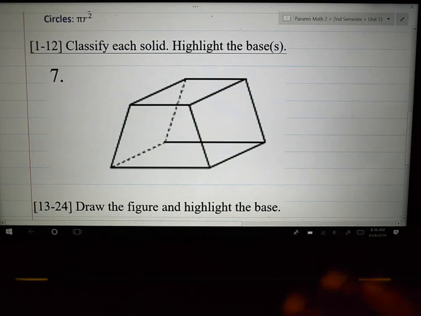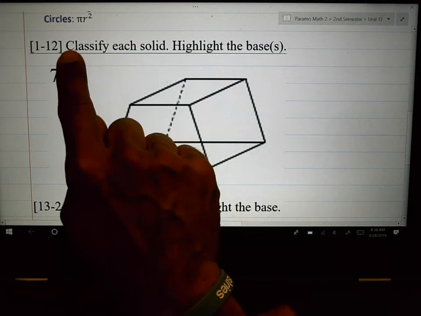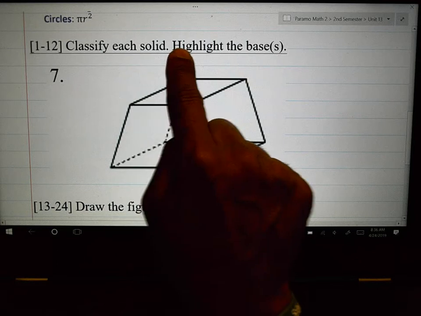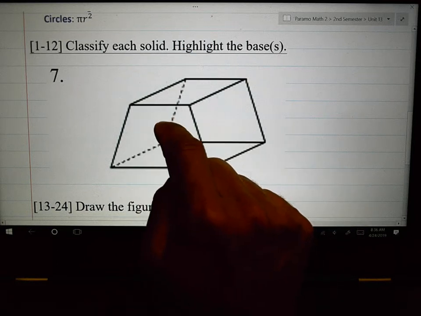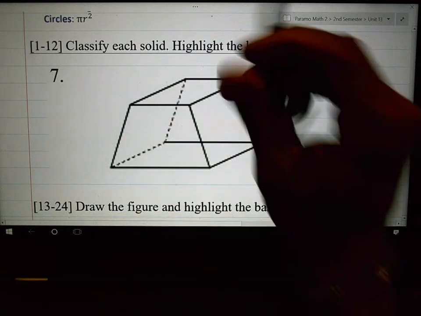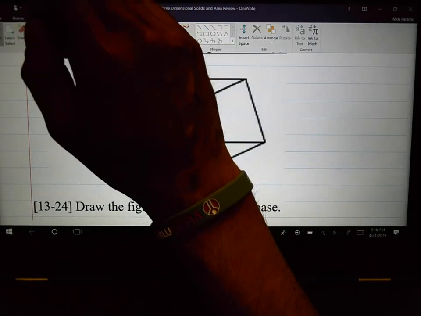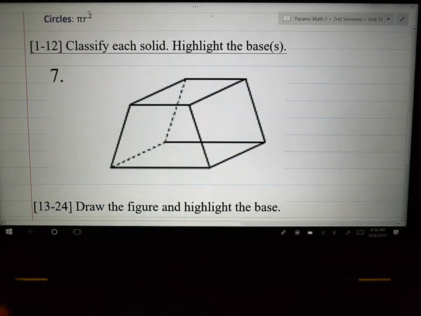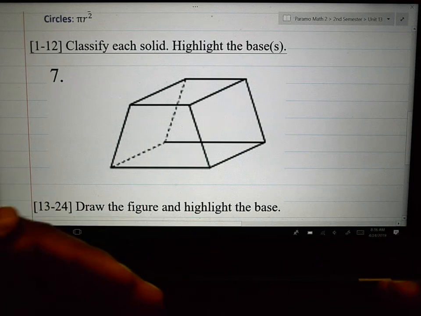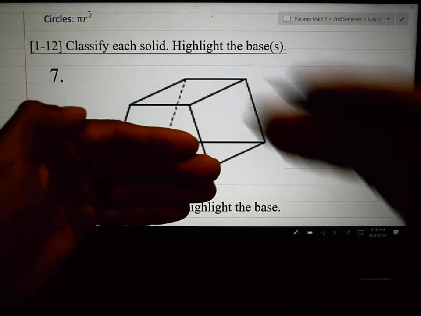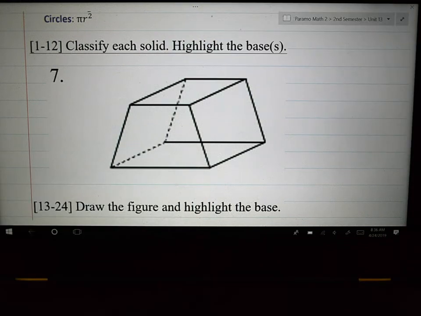Here's your first example. It's on your worksheet, number 7. Classify each solid. That means give its name and then highlight the base or the bases. So if I'm looking at number 7 and I want to classify it, I have to look at what shape is being matched on both sides. I hope you can see that the front and the back are the same.